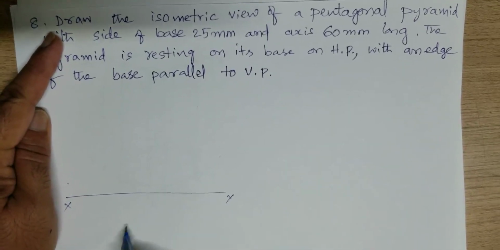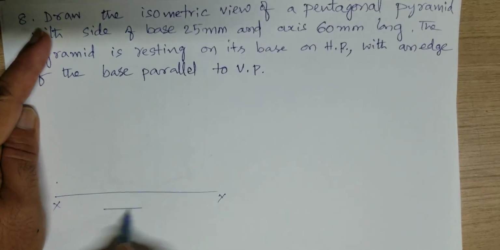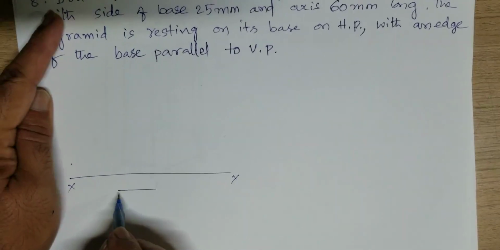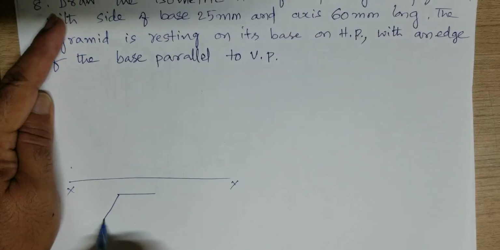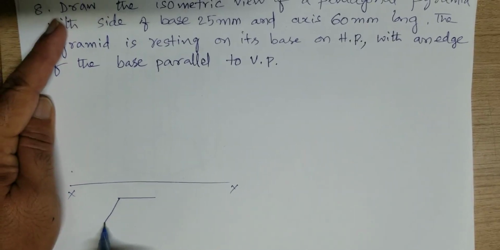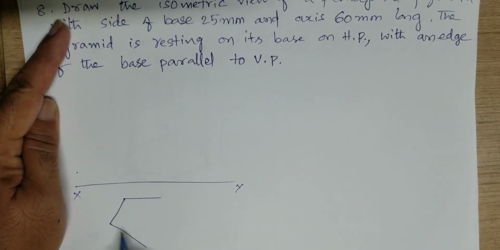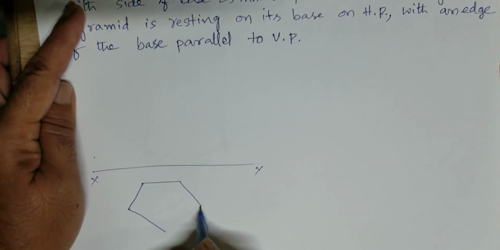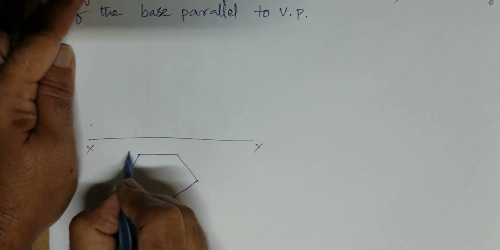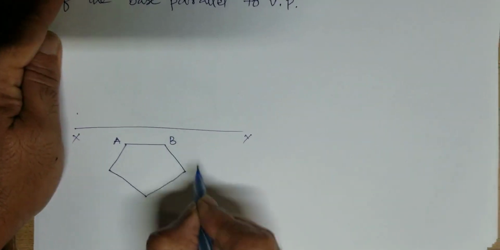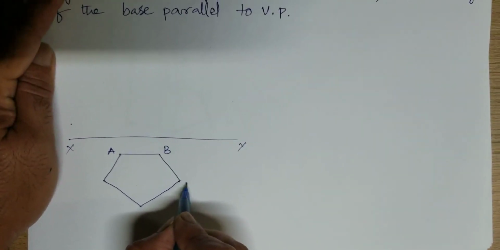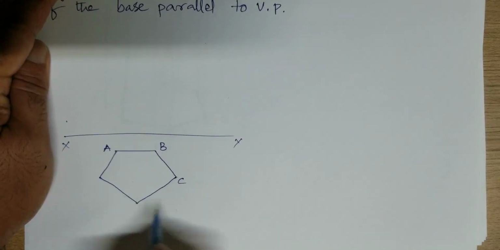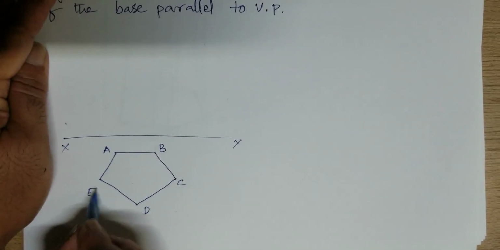The pentagon now, I am taking one of these sides parallel to XY line. So the pentagon is 108 degrees here, 108 degrees here, 108 degrees here, 108 degrees here. So I can keep A to B, B to C, C to D, D to E like that.